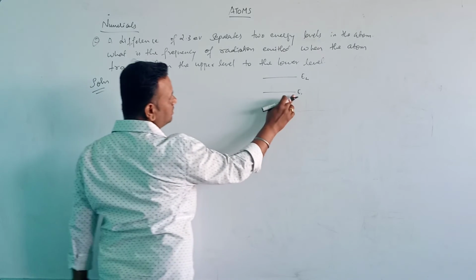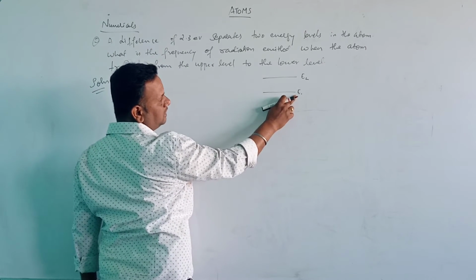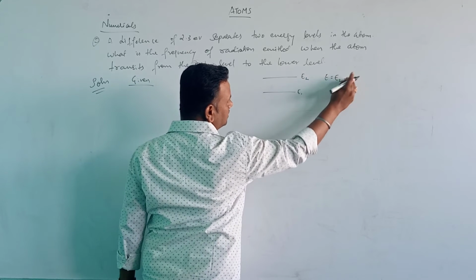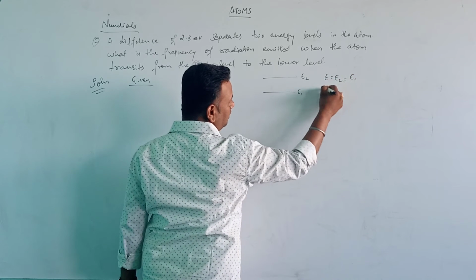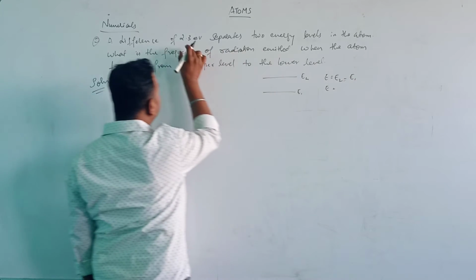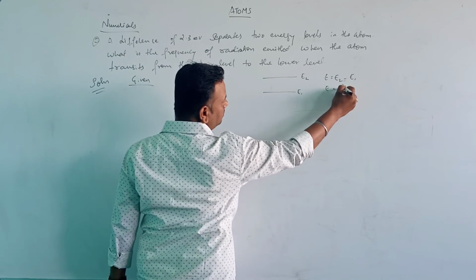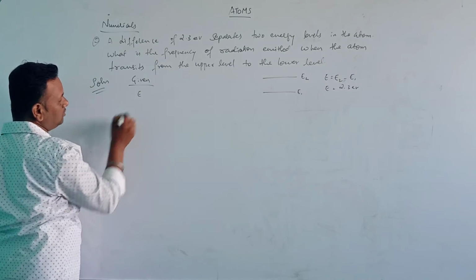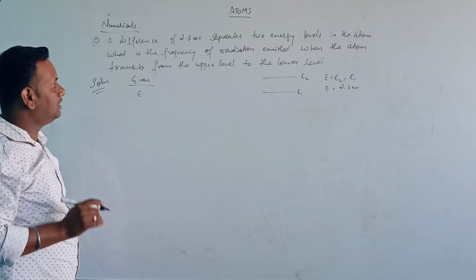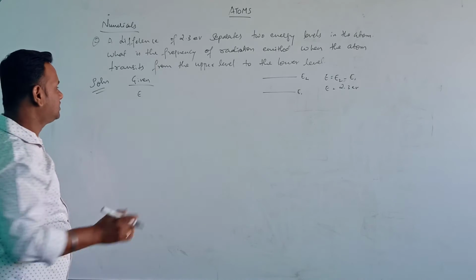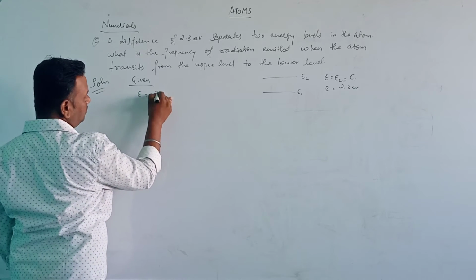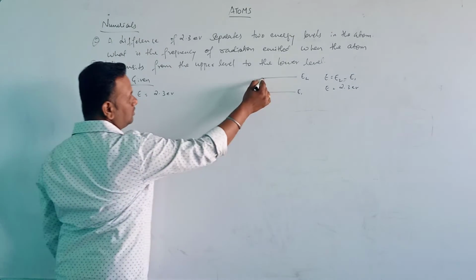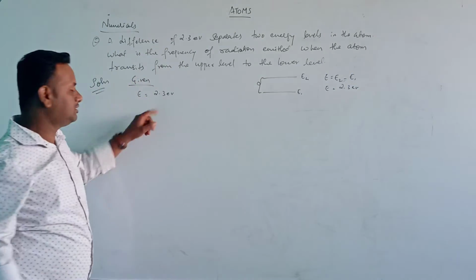So the difference between the two energy levels E1 and E2 means E is equal to E2 minus E1. यानी कि ये दोनों का डिफरेंस 2.3 इलेक्ट्रॉन वोल्ट है. यानी कि the energy difference between the two energy levels is E is equal to 2.3 इलेक्ट्रॉन वोल्ट. ये दोनों के बीच में जो एनर्जी डिफरेंस है वो यहाँ पे दिया है.